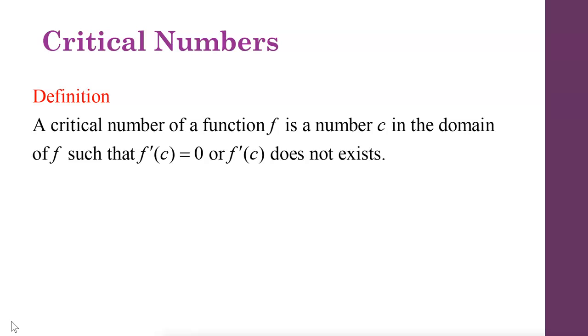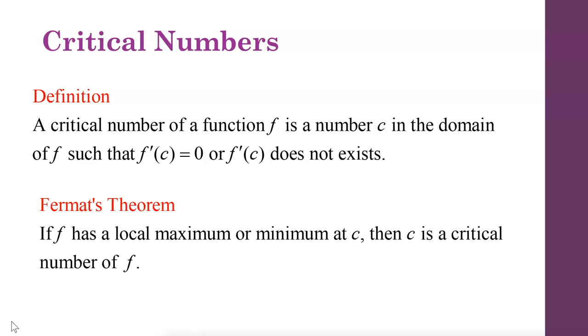So as we find the derivative, the locations where the derivative is 0 or the derivative does not exist are what we refer to as critical numbers. That allows us to rewrite Fermat's theorem in the following manner. If f has a local maximum or minimum at c, then c is a critical number of f. So either the derivative doesn't exist or the derivative is 0.